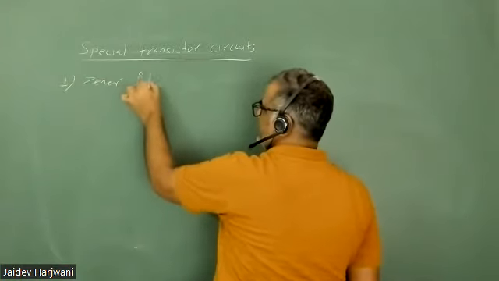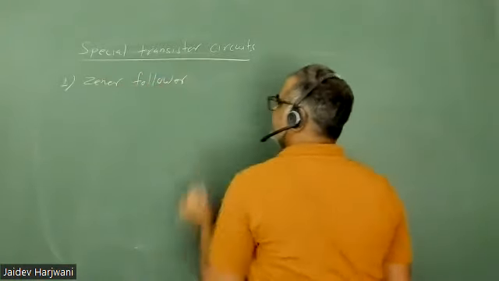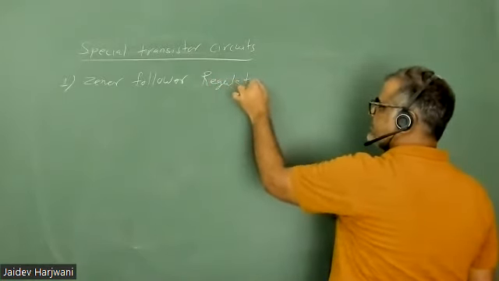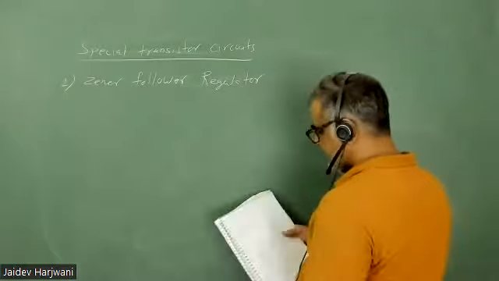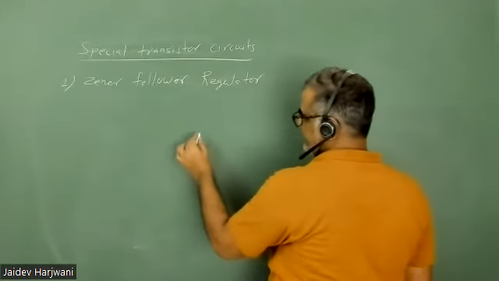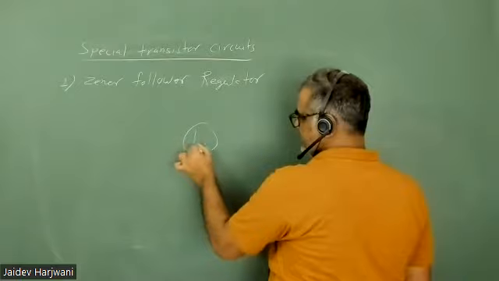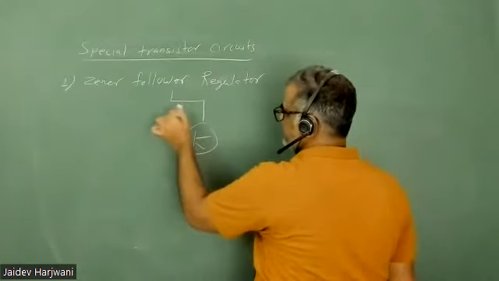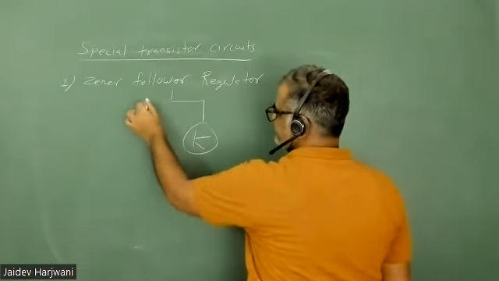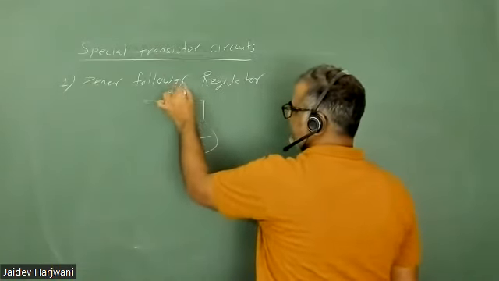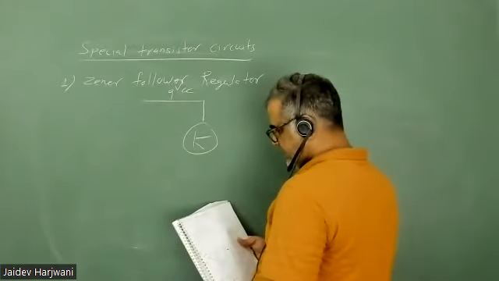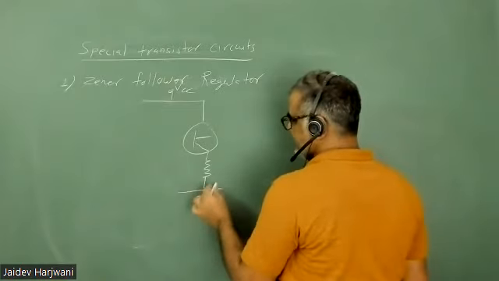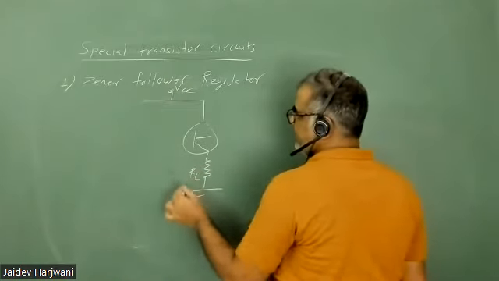Zener follower regulator. Okay, so let us take a voltage divider circuit. Here VCC is there, and here one resistance is there, which I am calling RL.